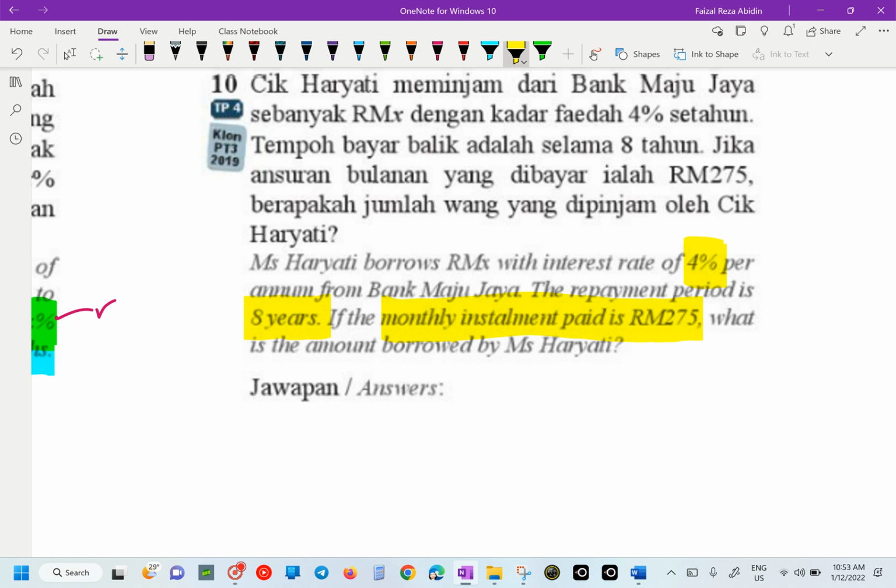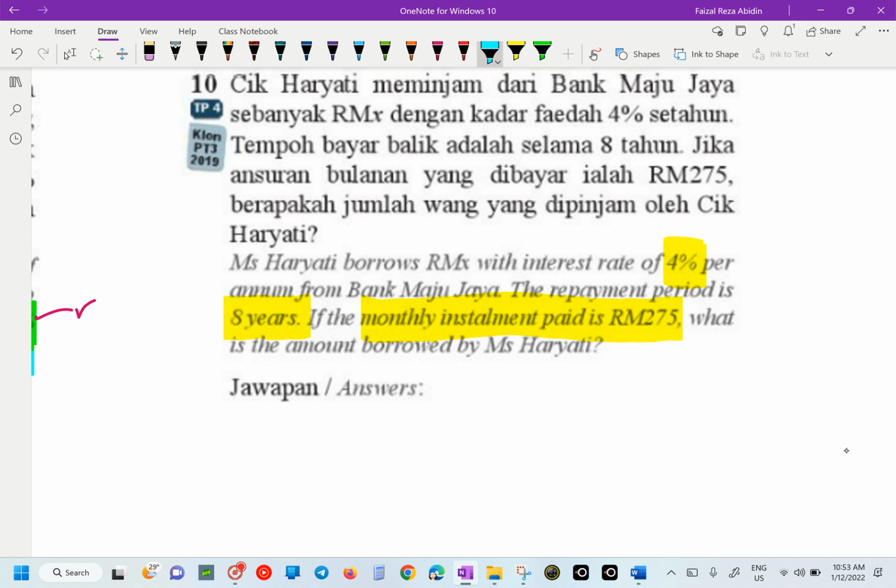That means we are going to find our X here. The amount borrowed by Miss Haryati here is going to be our X. So 1 month you are going to pay 275 ringgit, isn't it? So how many months are you going to pay? 12 times 8, isn't it?